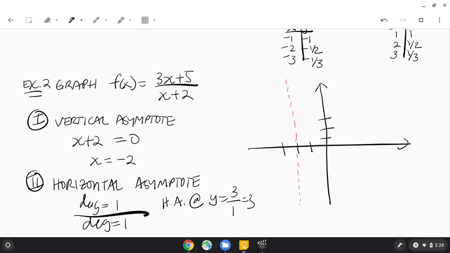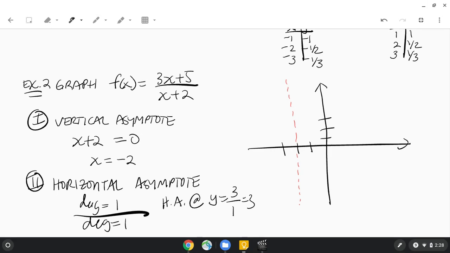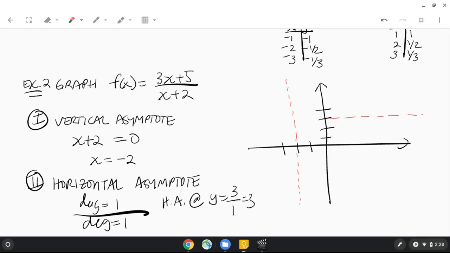Okay, so at y equals 3, we have this horizontal.